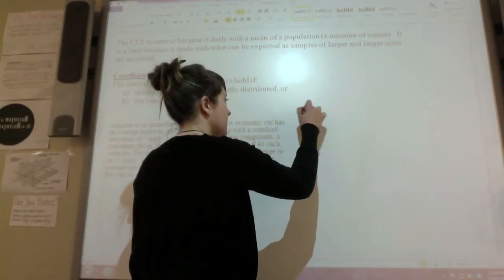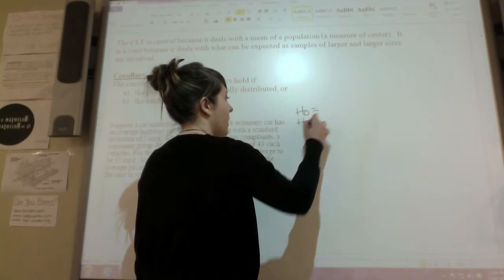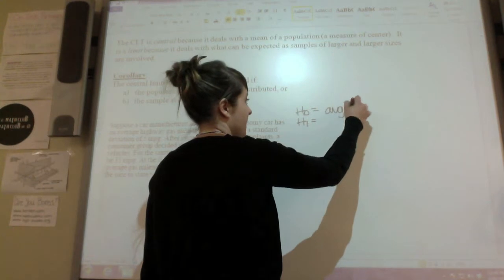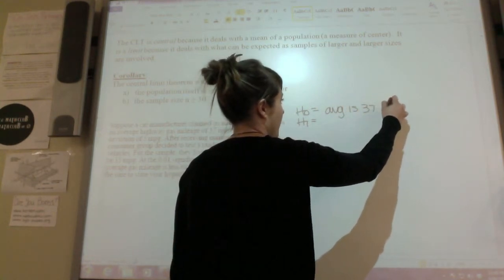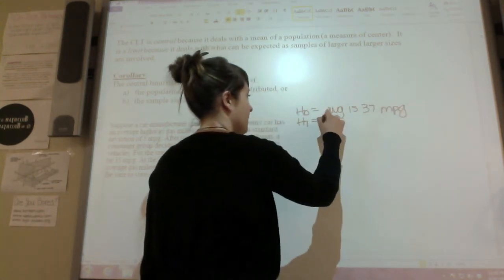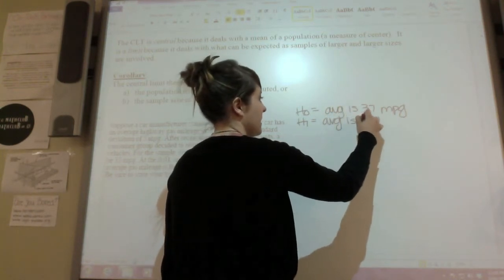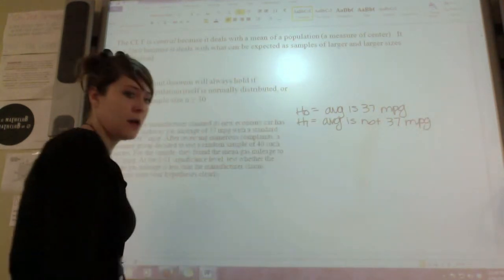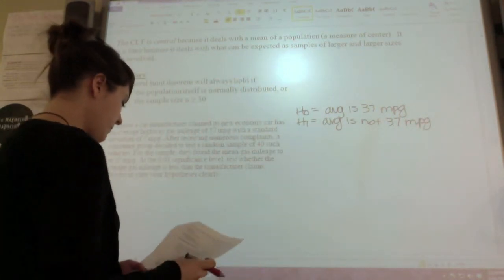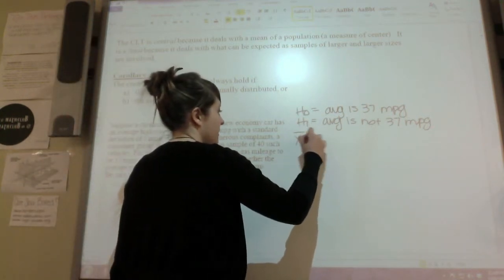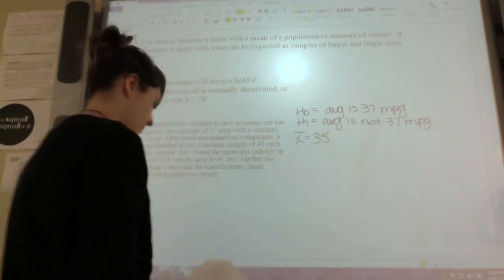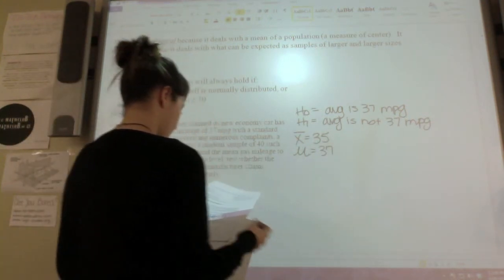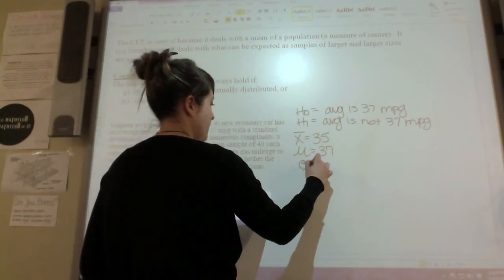So first thing we need to do is look at our null and our alternate hypothesis. My null hypothesis is going to be that the average is 37 miles per gallon, because that's what we want to assume is going to be true, which means that our alternate is that it's not 37 miles per gallon. So that's what we're trying to test. So I know from my data here that my x bar is 35. I also know that my mean is 37. I know that my sigma is 5.